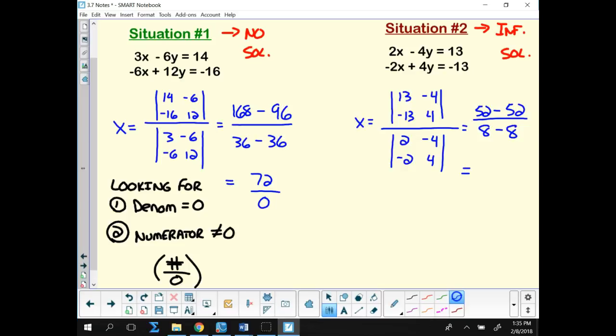What's wrong with this one? It's not going to equal 0. They're both 0. Both the numerator and the denominator are 0. Everything cancels out. Okay?